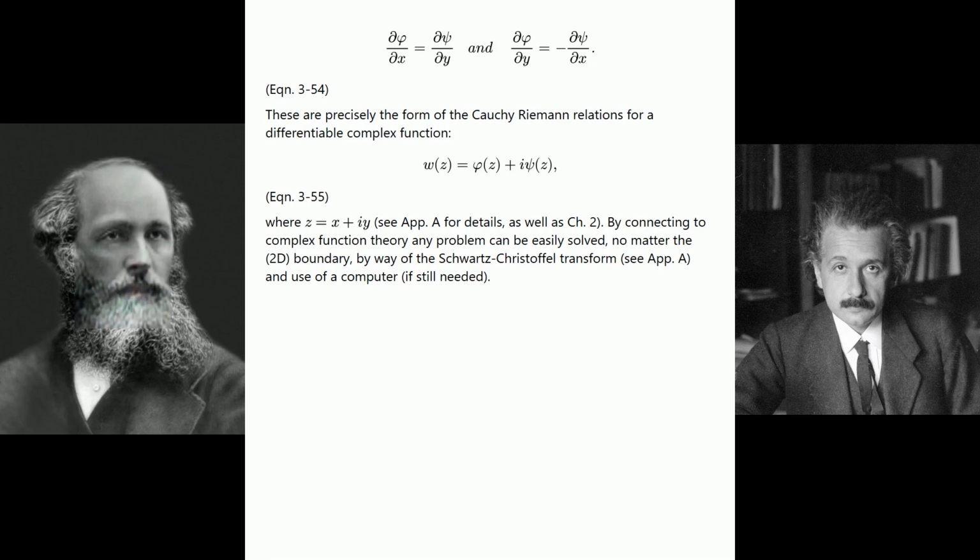These are precisely the form of the Cauchy-Riemann relations for a differentiable complex function, see equation 3-55, where z equals x plus iy. See Appendix A for details, as well as Chapter 2. By connecting to complex function theory, any problem can be easily solved, no matter the 2D boundary, by way of the Schwarz-Christoffel transform, see Appendix A, and use of a computer if still needed.